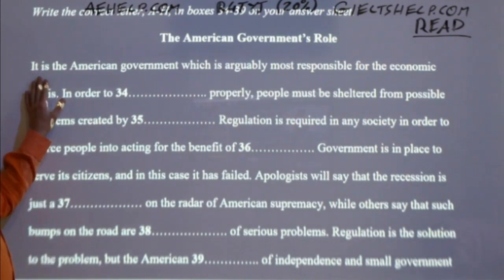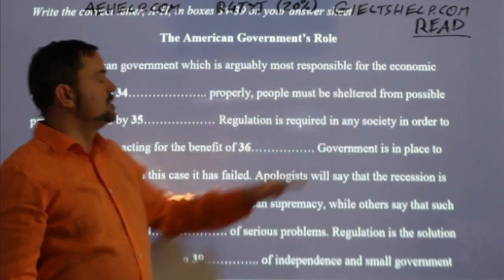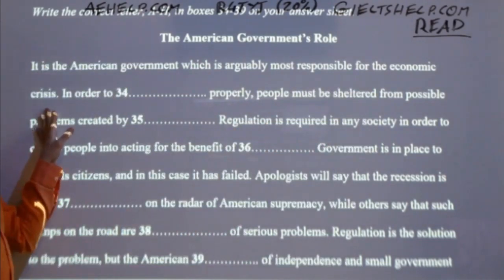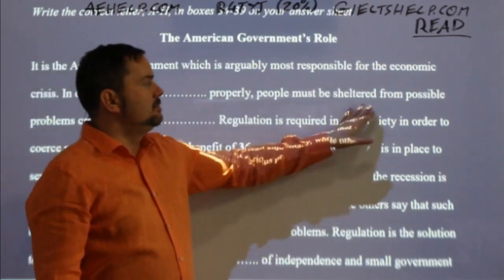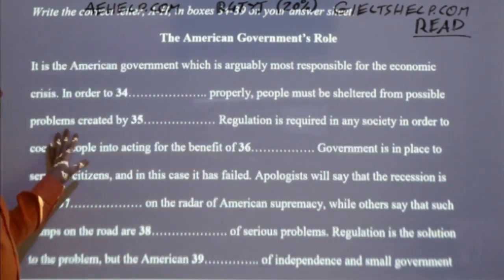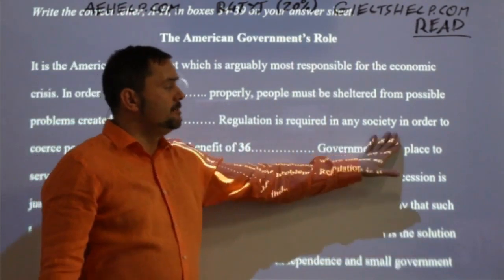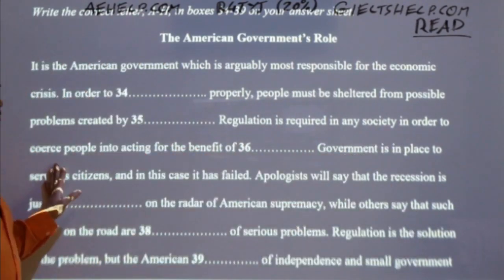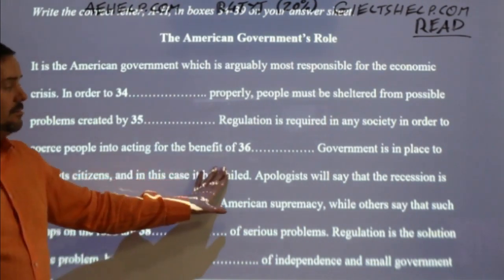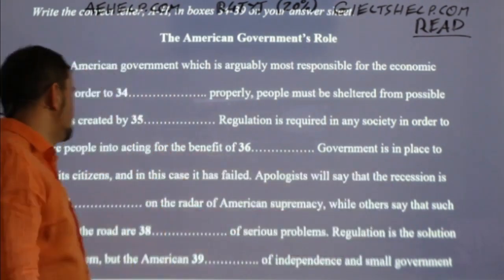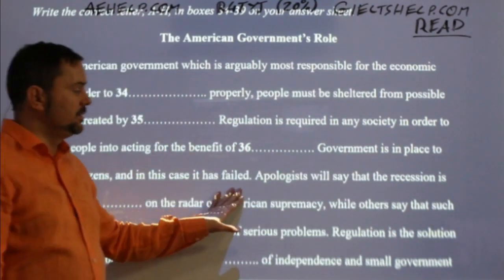It is the American government which is arguably most responsible for the economic crisis. In order to, properly, people must be sheltered from possible problems created by. Regulation is required in any society in order to coerce people into acting for the benefit of. Government is in place to serve its citizens, and in this case, it has failed.